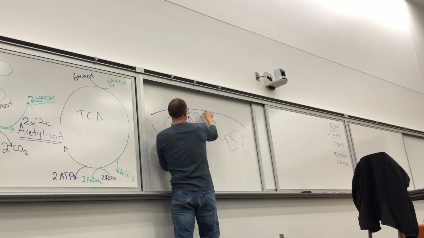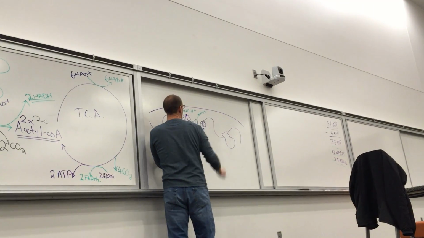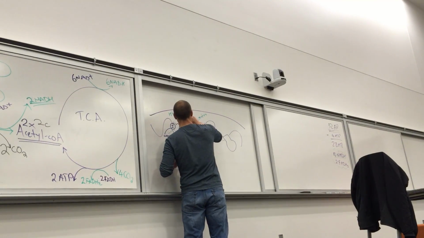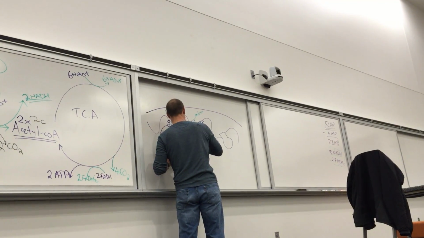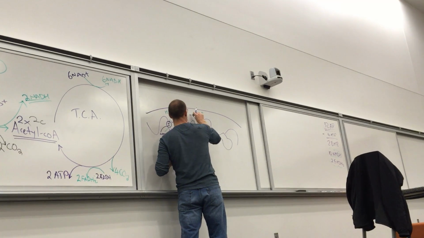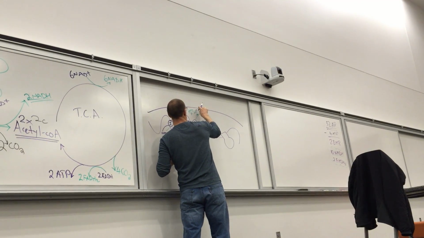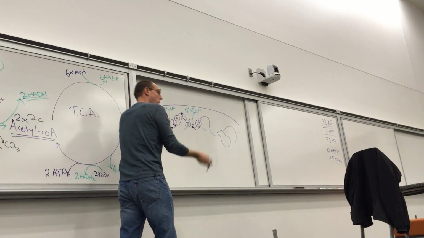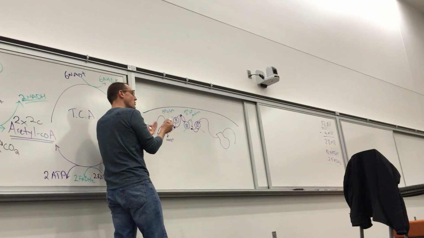So we're pumping protons every time the electrons move. Oh, not 2, my bad, sorry. We don't go through 2. Let's just deal with this. So we're pumping protons. Every time the electrons drop in energy, that energy is used to do some work.